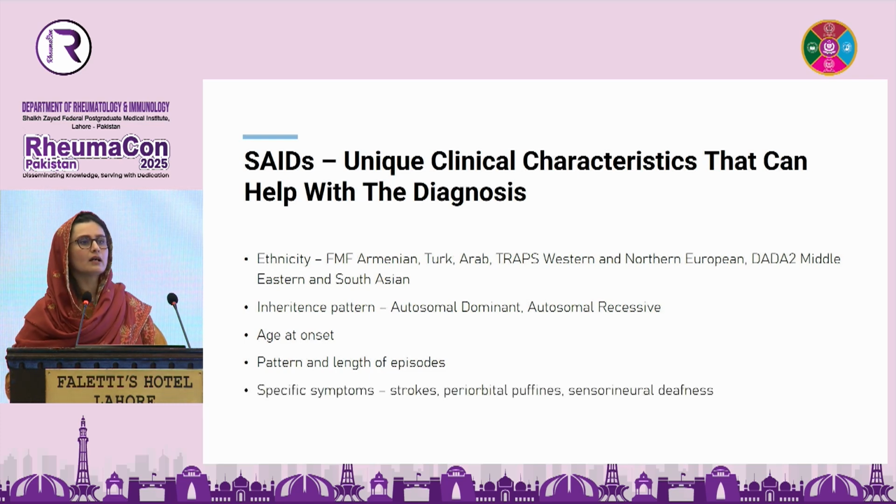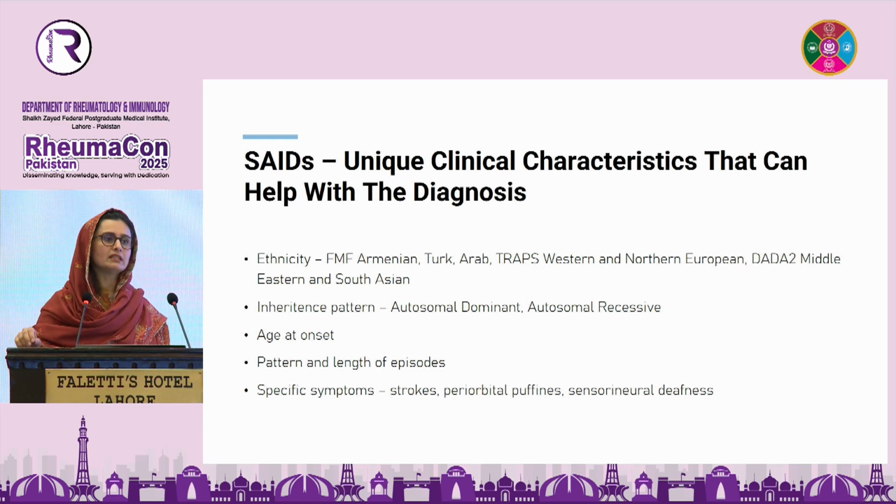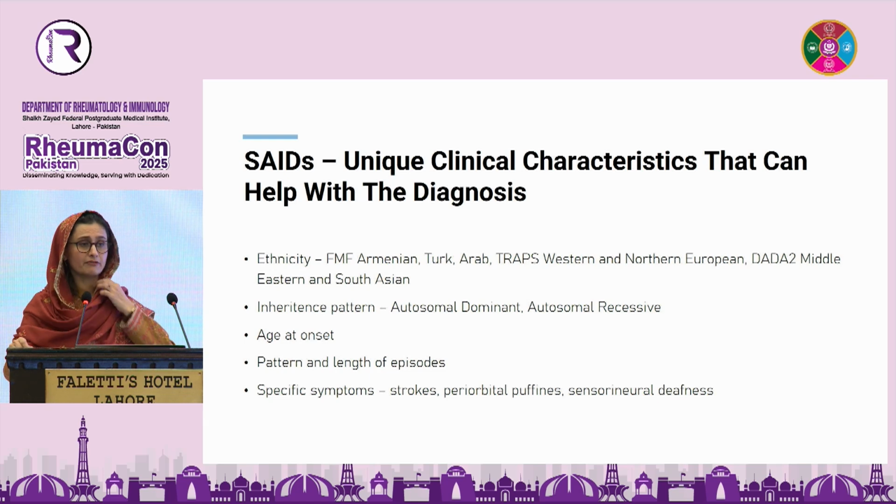And lastly, there are certain specific symptoms associated with each of these disorders that can help us in making the right diagnosis. So if an infant presents with strokes, we can think of DADA2. If a patient has fever along with very prominent eye symptoms like periorbital puffiness or conjunctivitis, then we should be thinking about TRAPS. Then there are certain patients who present with sensorineural deafness as well.